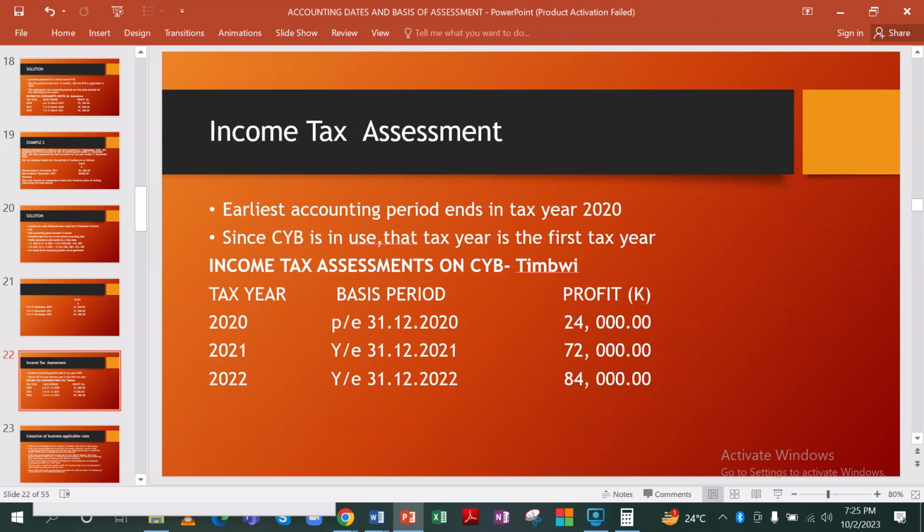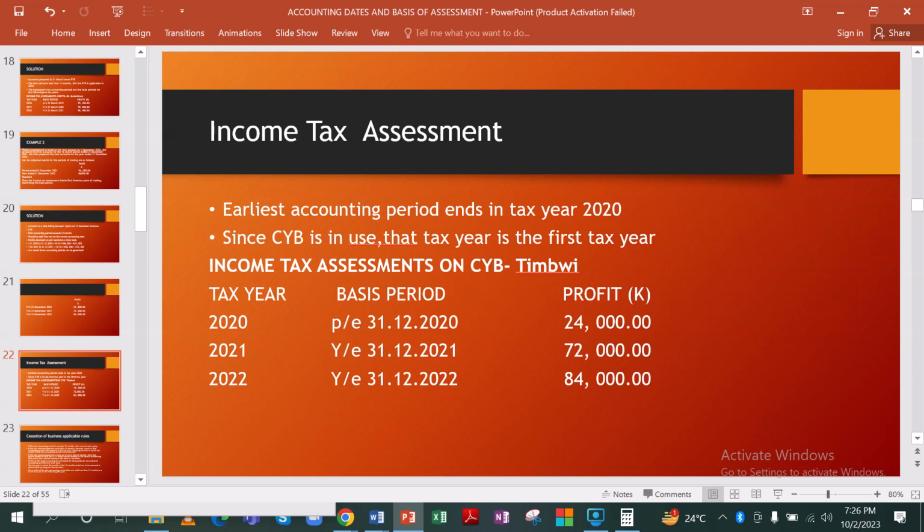So we see the 24,000 is assessing the tax year itself, 2020. The 72,000 is assessing the tax year itself, 2021. The one with the year ended December 2022 is also assessing the tax year 2022 with 84,000. So that is what we have for today.